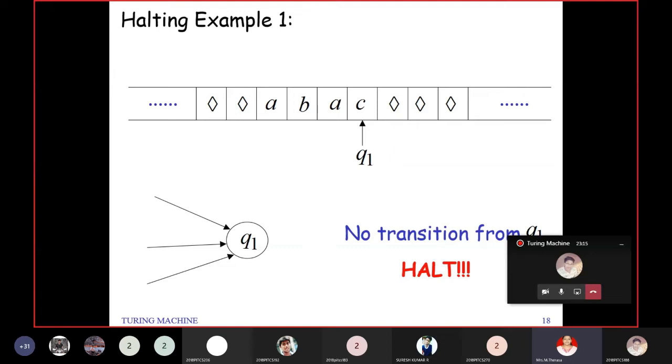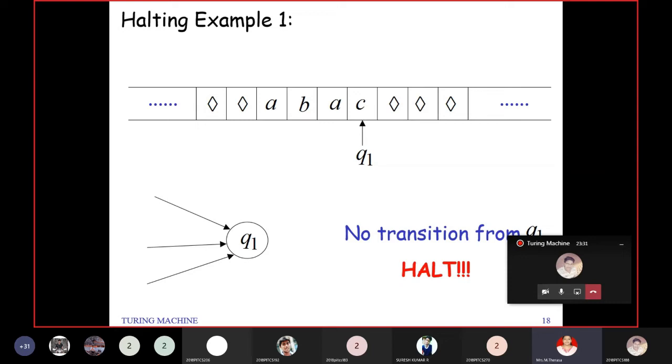Okay, we'll see one example. Suppose this is the configuration. The machine is in Q1 and currently pointing to C, but in the transition diagram, from Q1 there are no outgoing edges present.